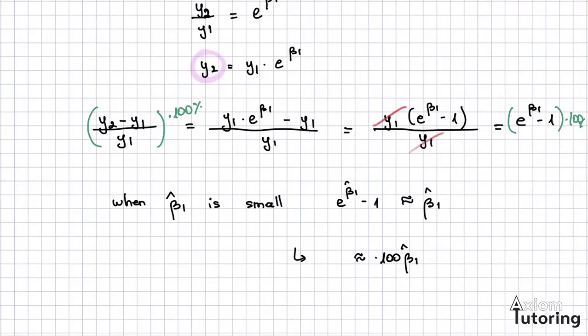So that's a very good estimation. Now, for larger coefficients, when beta 1 is large, it's usually better to use this formula. But most of the times, whether it's a big or a small one, your lecturers might also, for ease of computation, especially in an exam where calculators are not allowed, allow you to just do the approximation with the 100. I hope this was helpful, and I'll see you in the next video.